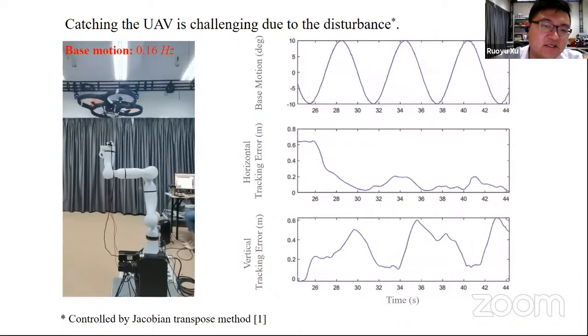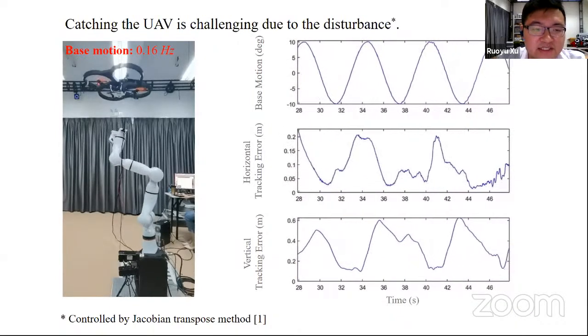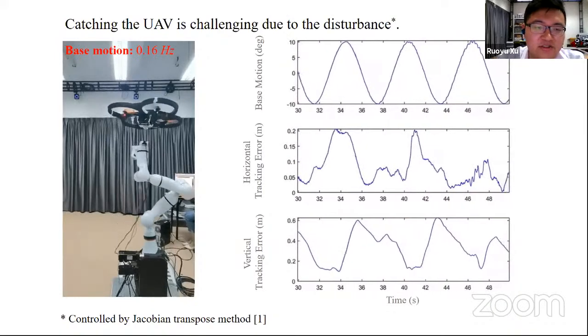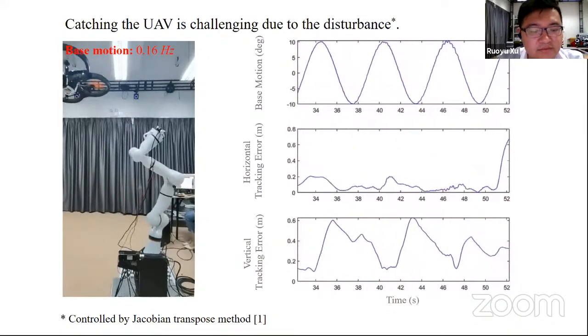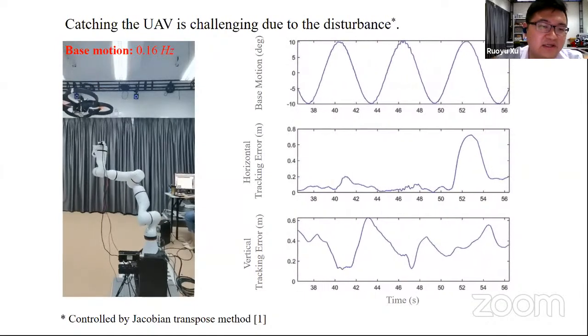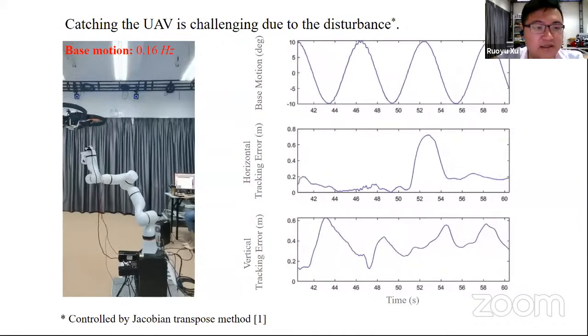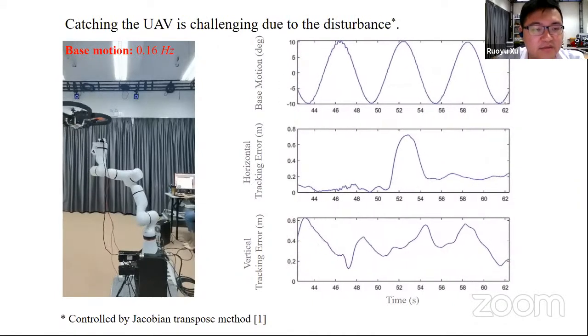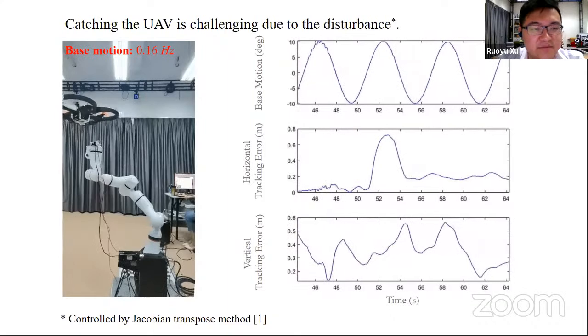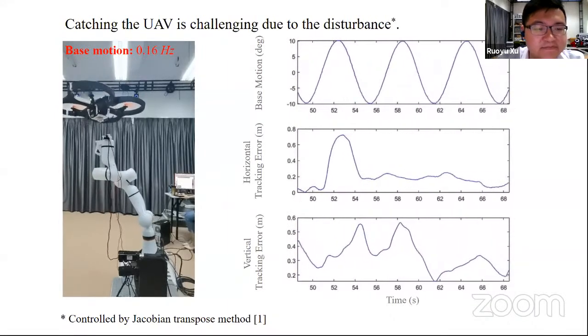The end effector of the manipulator is designed to track the objective by a proportional controller. We can see that the response of the manipulator is very slow. After about 3 tries, at last it will catch the UAV successfully.